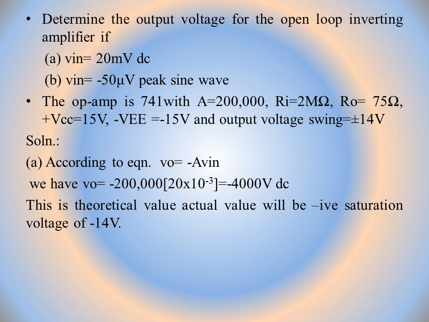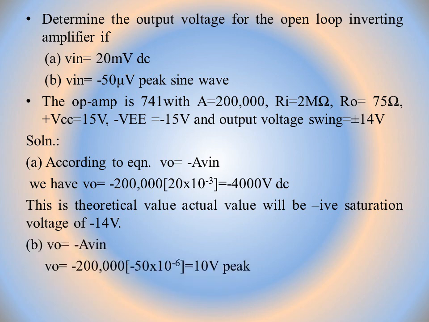But we know that negative saturation occurs at minus 14 volts. So its theoretical value will be minus 4000 volts, but what we get in the output will be only minus 14 volts.